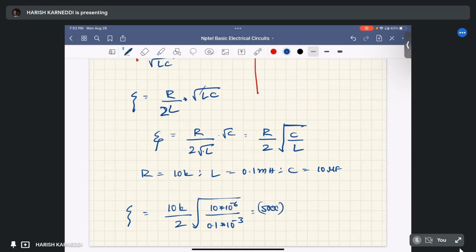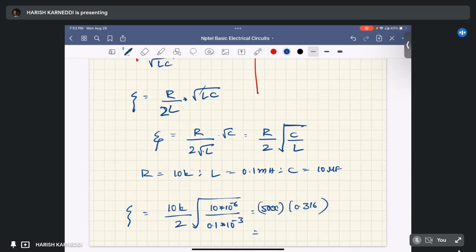square root of 10 into 10 power minus 6 divided by 0.1 into 10 power minus 3, which is 0.316.